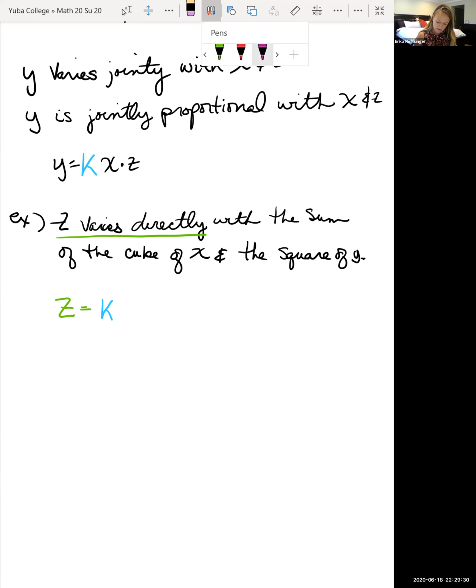So directly, that means multiplication. But it's with the sum of the cube of x and the square of y. So I know I'm summing these terms. The cube of x is x cubed, sum, so plus the square of y, so y squared.